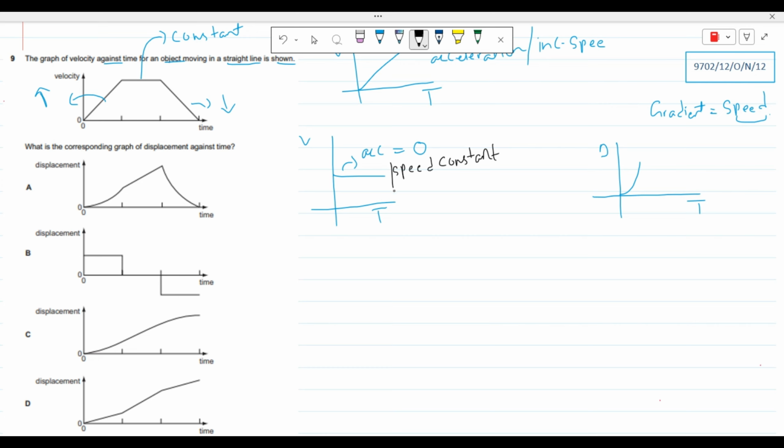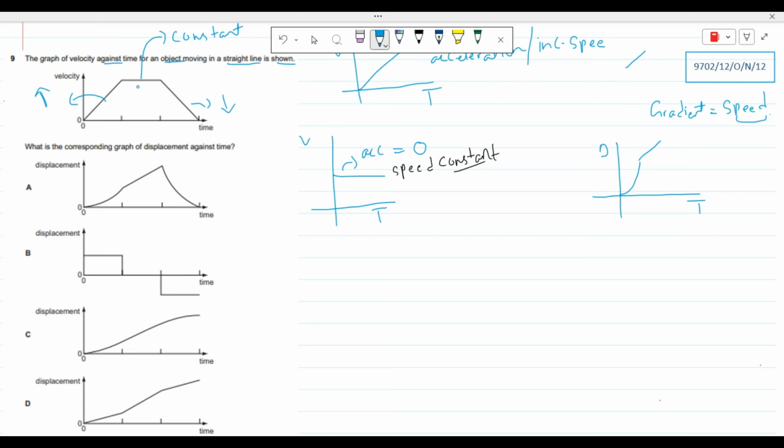Speed is constant. Acceleration zero, speed constant. Now, the constant speed in displacement time graph is represented like this line, this slant line. This line means constant speed.